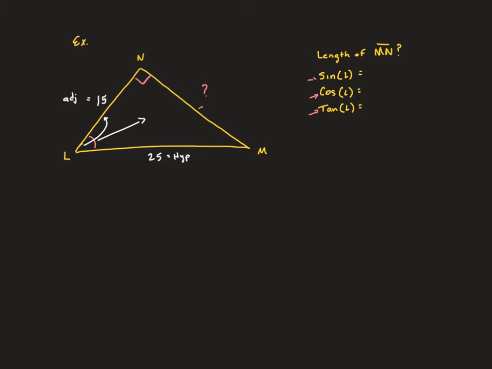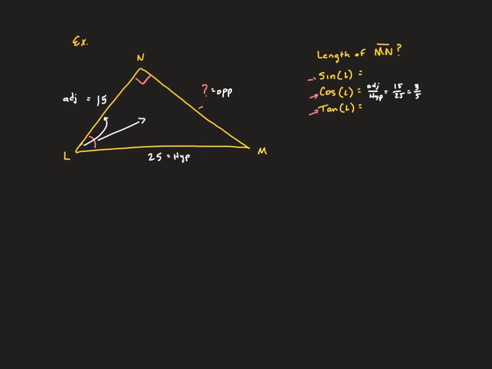Well, I know that cosine is going to be the adjacent over the hypotenuse, which is going to be 15 over 25, which is also 3 over 5. So the ratio of my sides for cosine of angle L is going to be 3/5. Tangent is the opposite over the adjacent. We don't have the opposite, right? I need to find the opposite, and how can I do that?